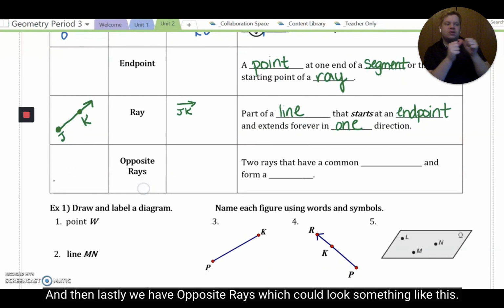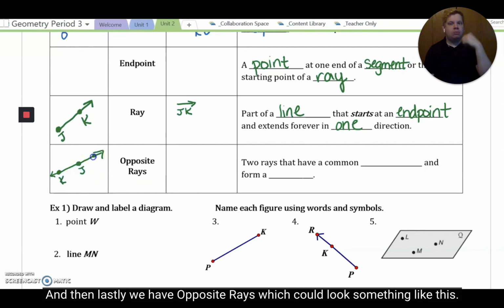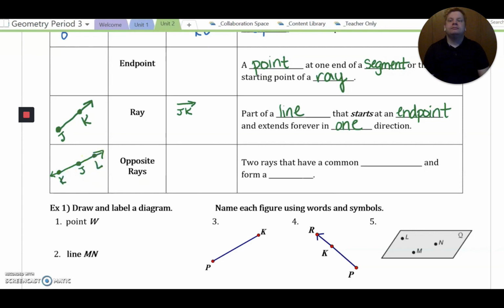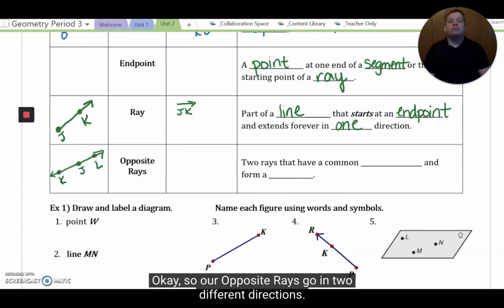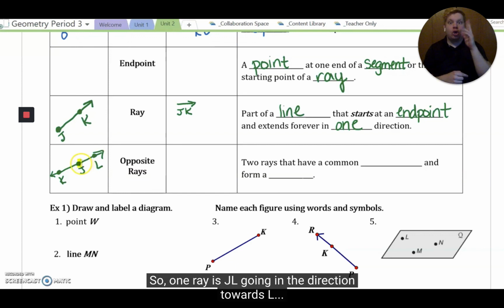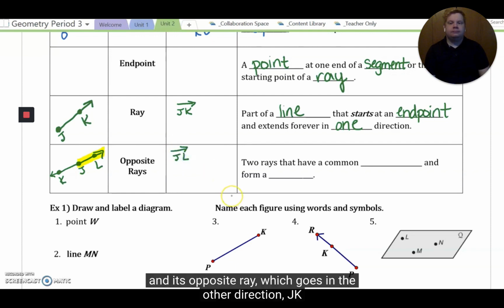And then lastly, we have opposite rays, which could look something like this. Okay, so our opposite rays go in two different directions. So one ray is JL, going in the direction towards L. And its opposite ray, which goes in the other direction, JK.